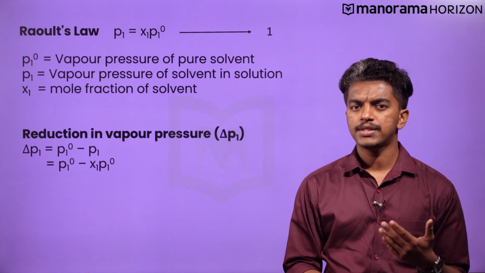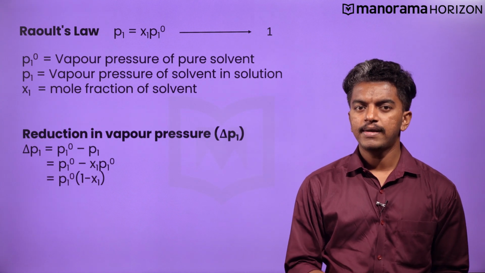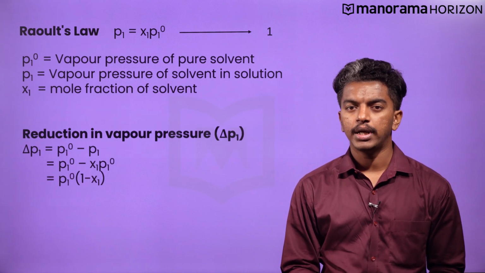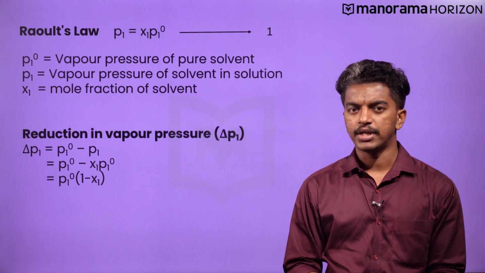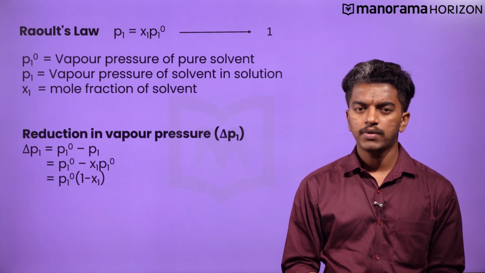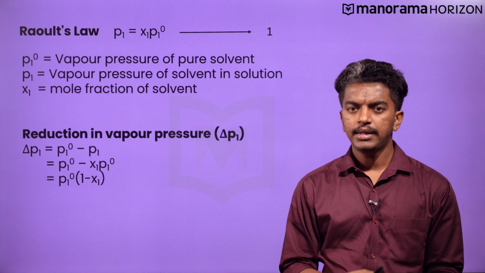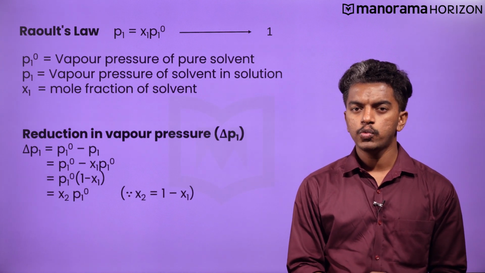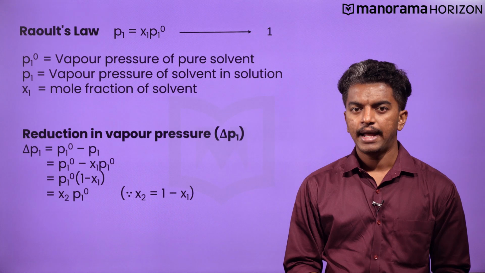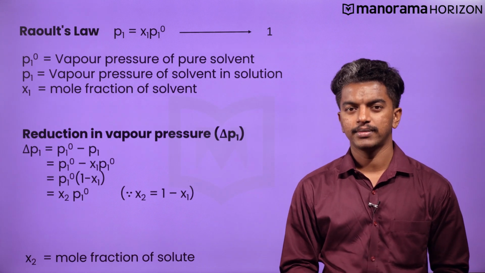Next, rearrange this equation. You may write delta P1 equal to P1 0 into 1 minus X1. Knowing that for a binary solution, the total mole fraction X1 plus X2 equal to 1, the equation reduces to the form delta P1 equal to X2 into P1 0, where X2 is the mole fraction of the solute.